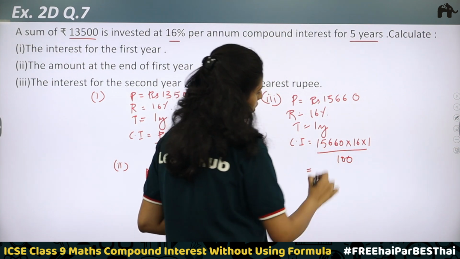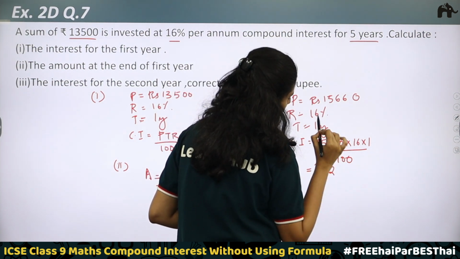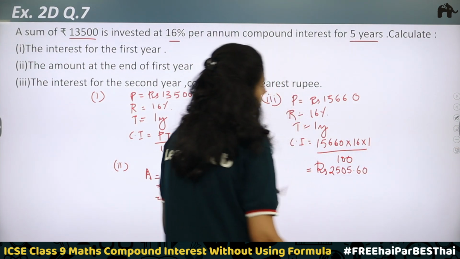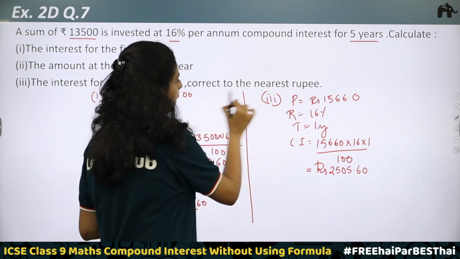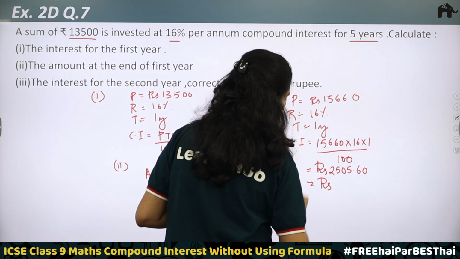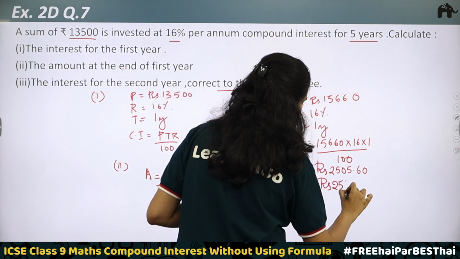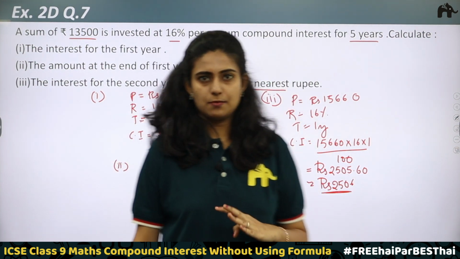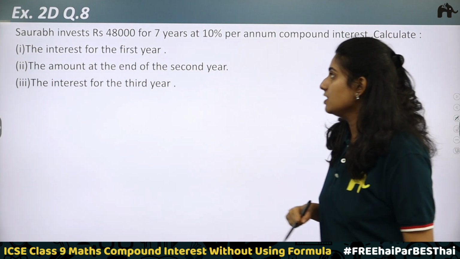When you do the calculation, you will be getting rupees 2,505.60. So, it is given that we have to correct it to the nearest rupee, which is equal to rupees 2,506.